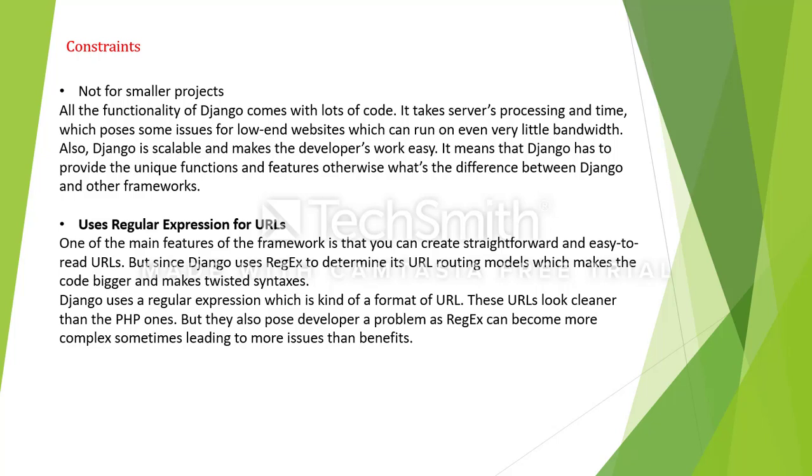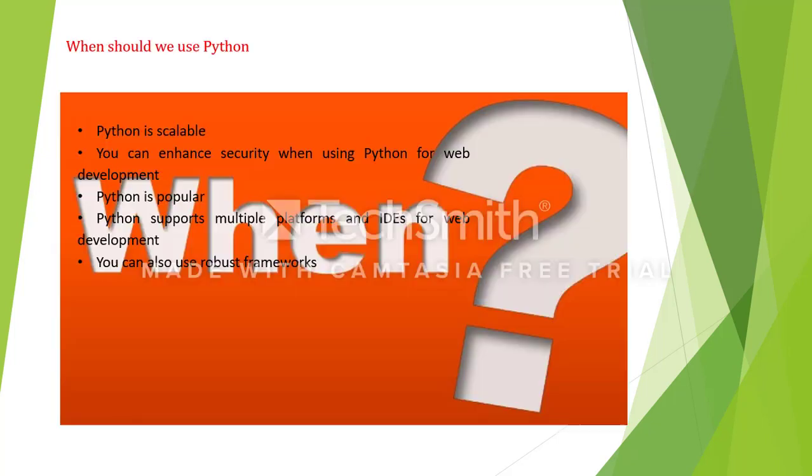Regular expression mapping takes a bit of time, so that's why it's said that it's not one of the fastest languages in web development. So these are only some constraints, because everything has pros and cons. These are the cons we have from Python.